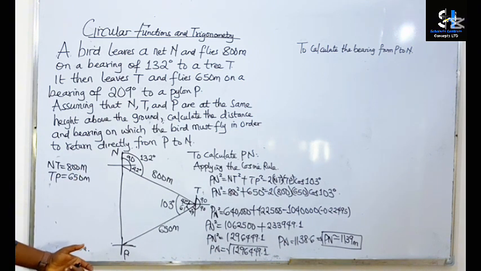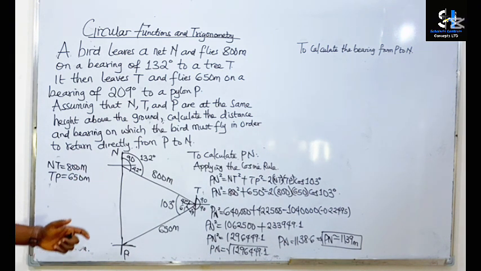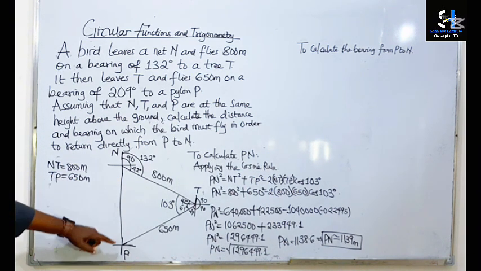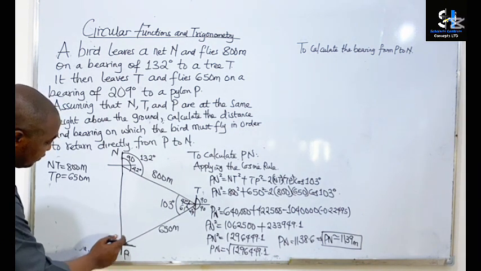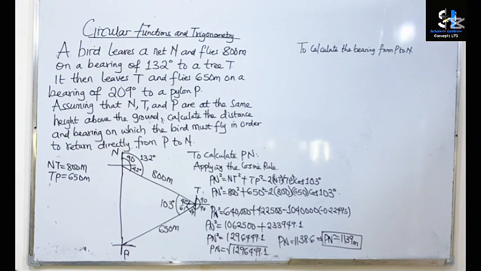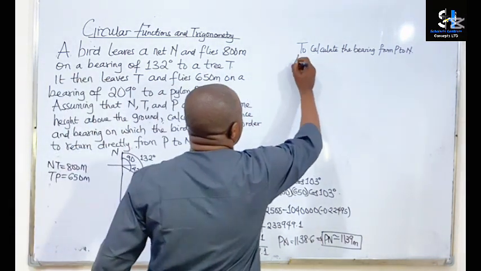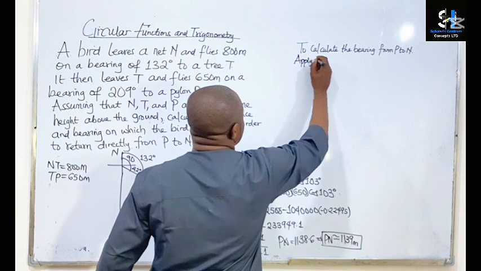First of all, let's use the sine rule. We want to know this angle, that's the bearing from P to N. So we need to first apply the sine rule.